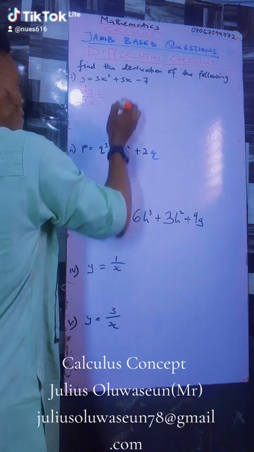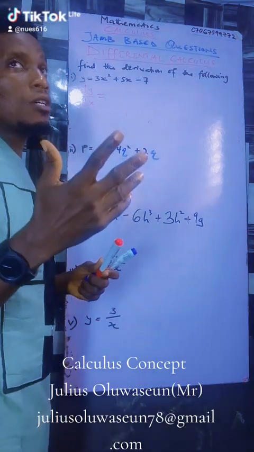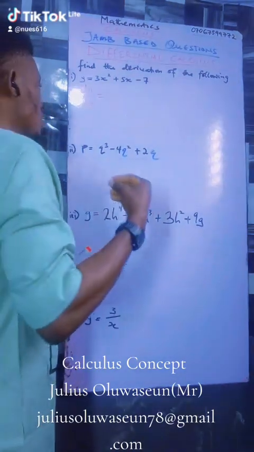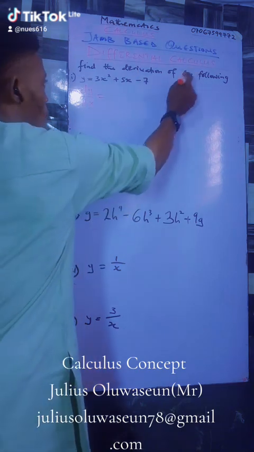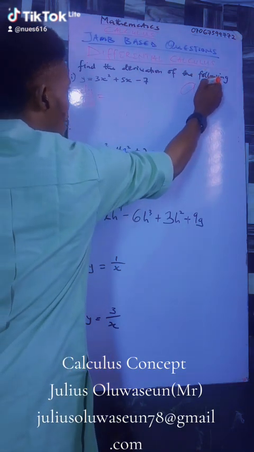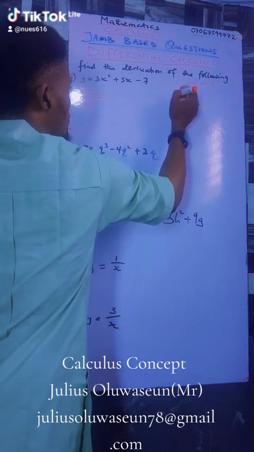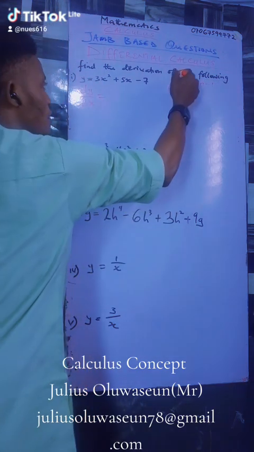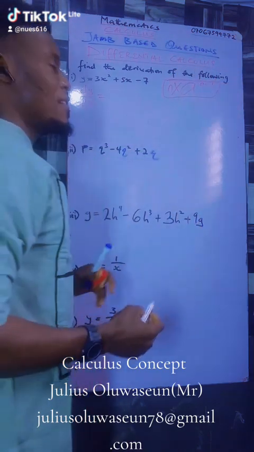dx. Now, based on the template that I gave as our model for solving differential calculus, I said that the derivative is just like writing a n, n minus 1. Let me write it here. So we have our n here times, this is the model that we are to follow for us to get our derivative.